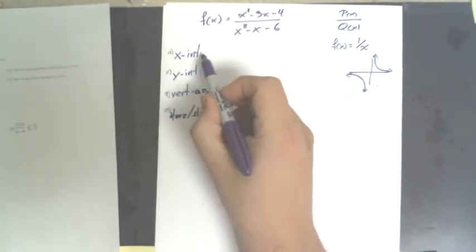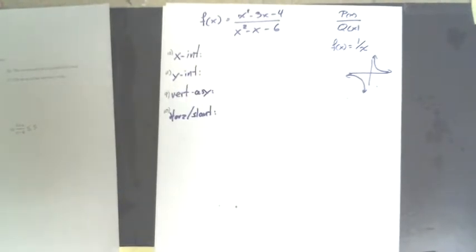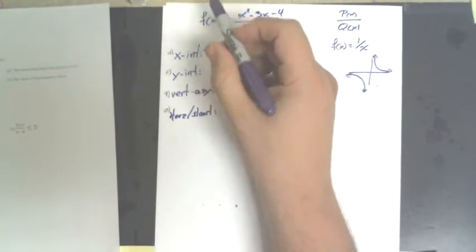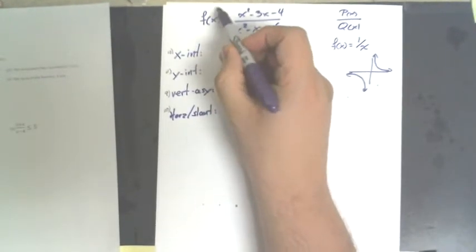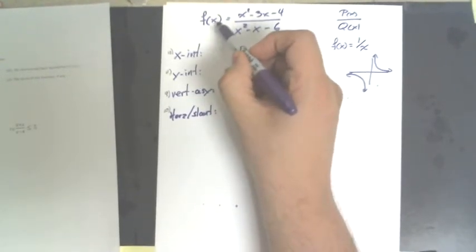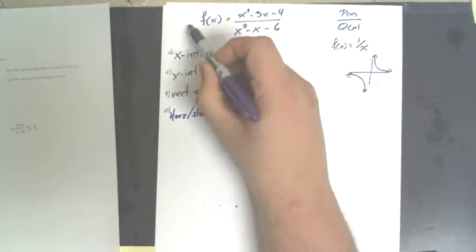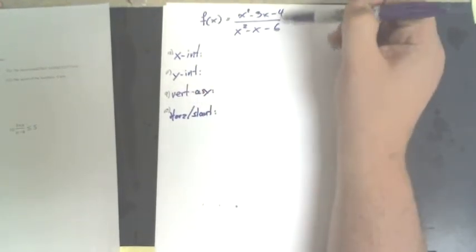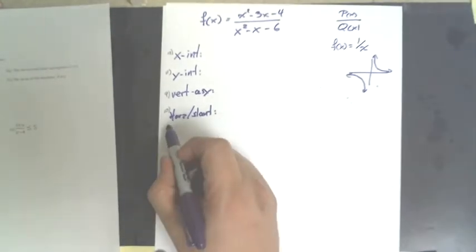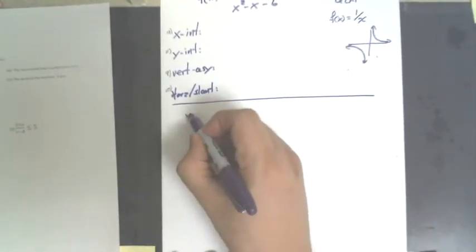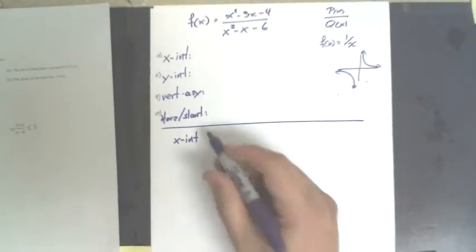So, x-intercepts. In general, you find x-intercepts by letting the function equal 0. Let y equal 0. If we let this whole thing equal 0, fractions equal 0 when their numerators equal 0. So if you want to find x-intercepts, let your numerator be 0.